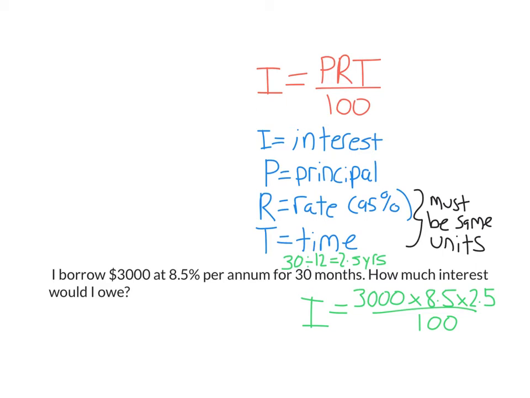And so the answer you should get is $637.50. So this person borrowed $3,000 and they have to pay back this in interest. So all up, they would pay back $3,637.50.